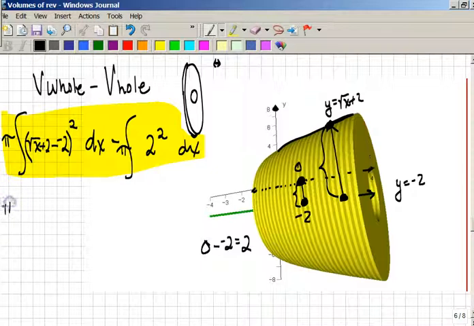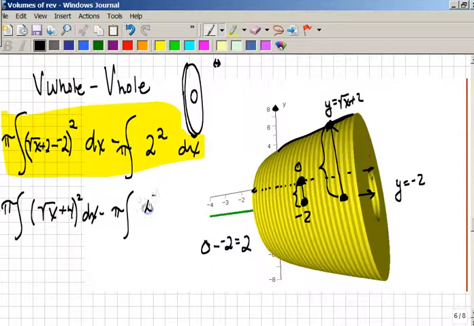So let me clean this up a little bit. We might not go ahead and finish it, but inside the parentheses, the square root of x plus 2 minus a -2, which is the same as +4, squared dx. The second one, the HOLE, 2 squared is 4 dx.